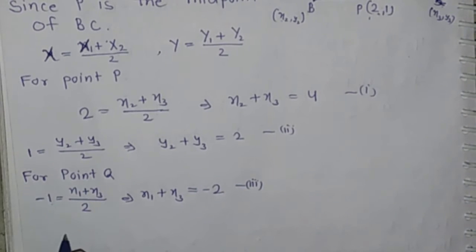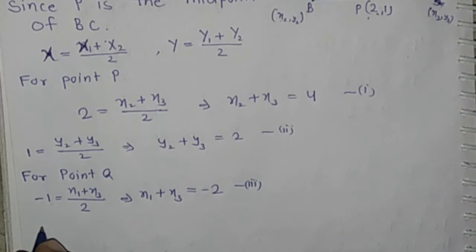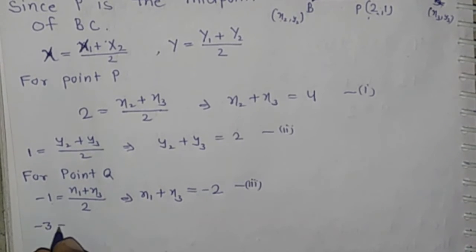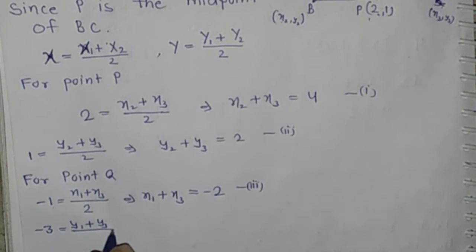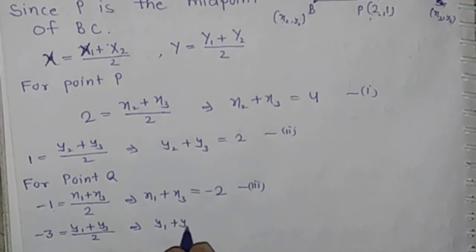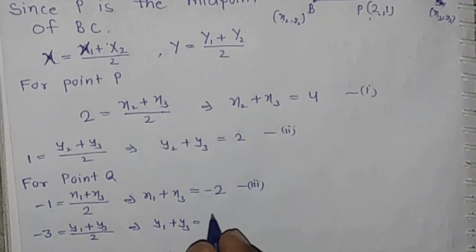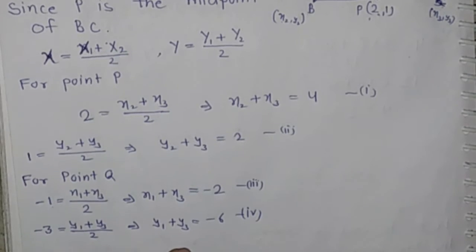Similarly -3 equal to (y1 plus y3) by 2, we have y1 plus y3 is equal to -6. It is equation 4.